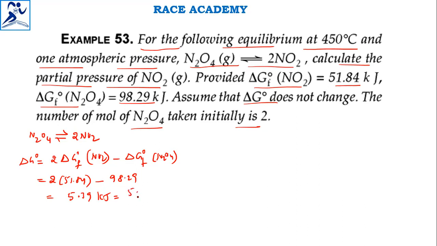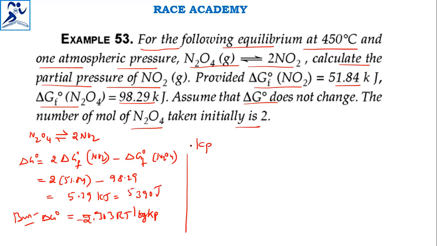You will get 5390 joules. Okay. But according to thermodynamics, we know the delta G naught value is equal to minus 2.303 RT log Kp. From this, the log Kp value we can find, and after that we can find the antilog.